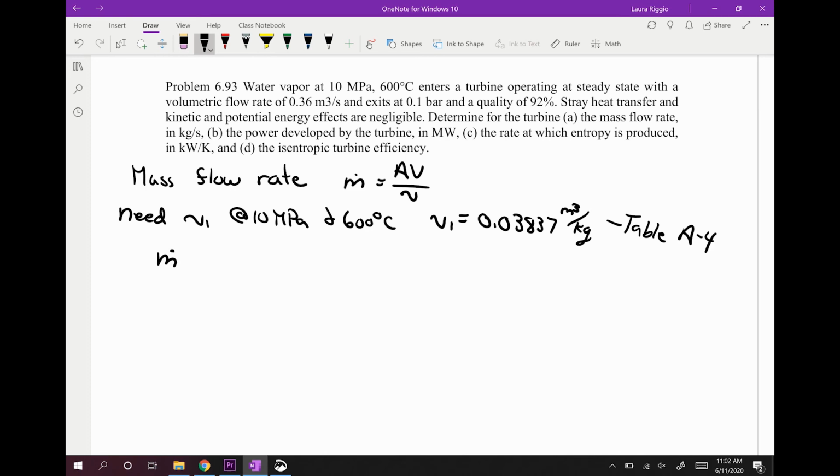So our mass flow rate is 0.36 meters cubed per second over 0.03837 meters cubed per kilogram, which is 9.38 kilograms per second.